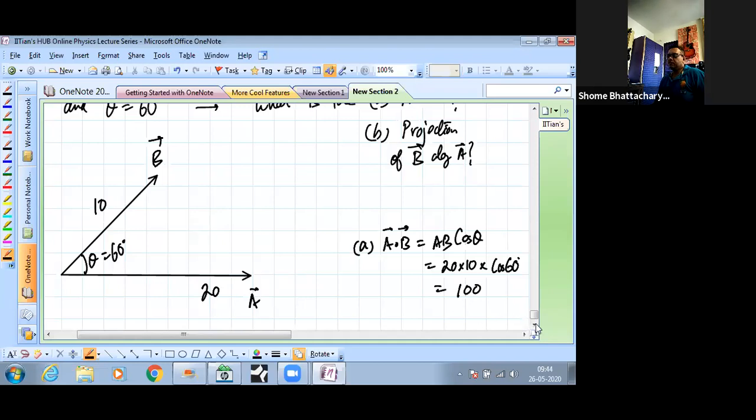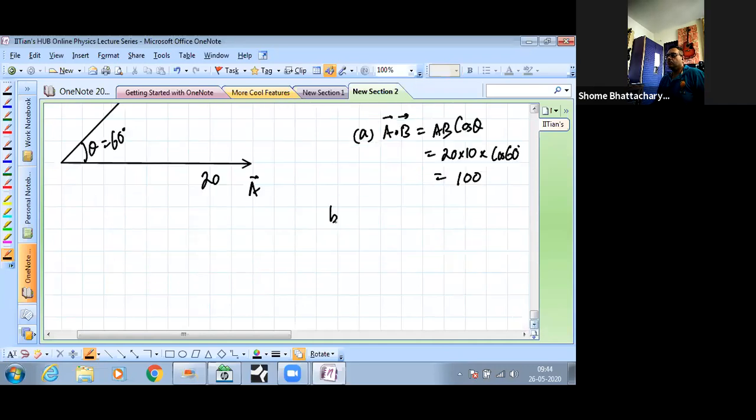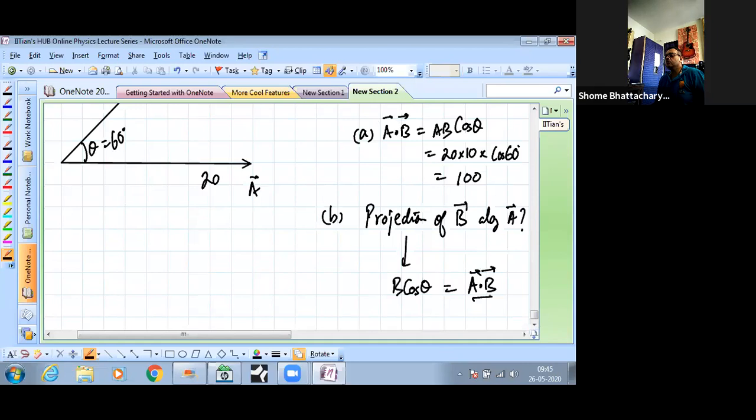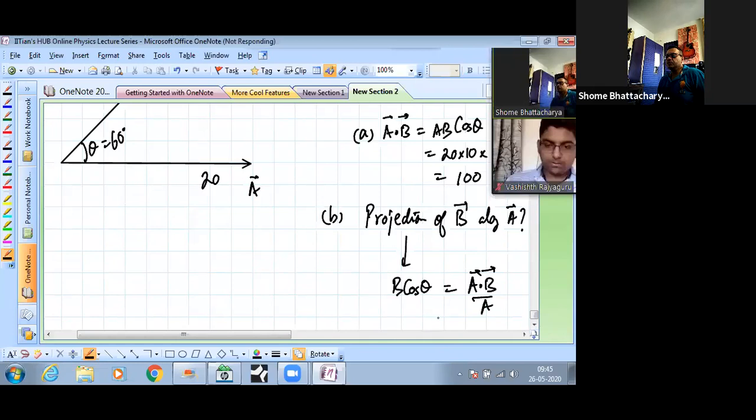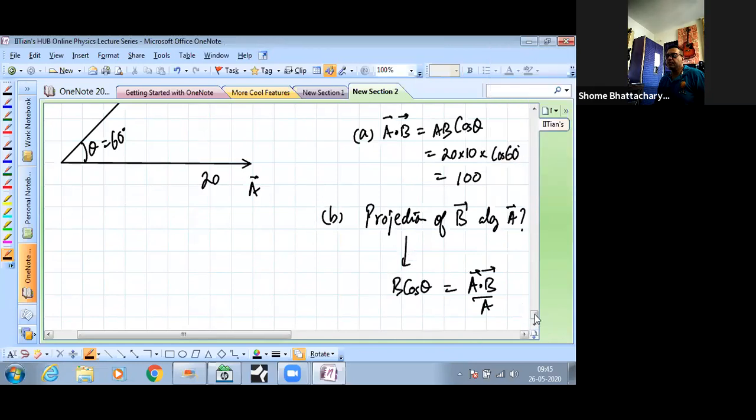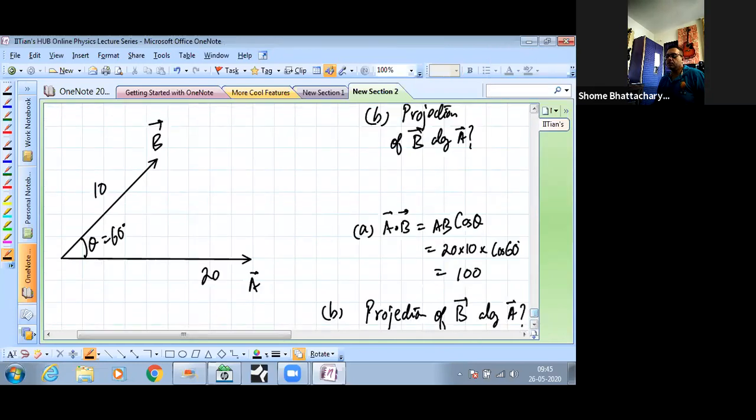But your second part's answer, what is the projection of the vector B along the vector A? The answer to that is, it is B cos theta, which can also be just written like this. It is A dot B upon mod A, because that's how A dot B is defined. Okay. So in the diagram, you can see that projection is, you have to drop this perpendicular from B onto A and find how much length it is cutting.